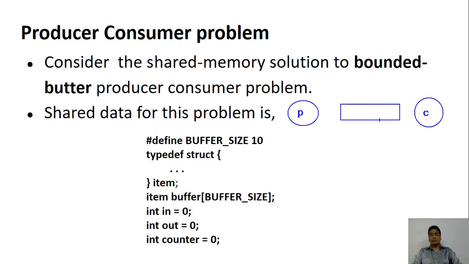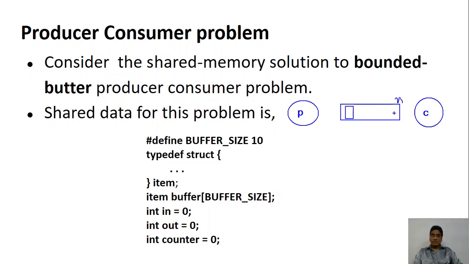What is the meaning of a bounded buffer? It is a place, or a shared memory, that has a restriction on the data. There is a limit on how many items can be placed in it. Suppose the size of the buffer is n, then only n items can be placed by the producer.